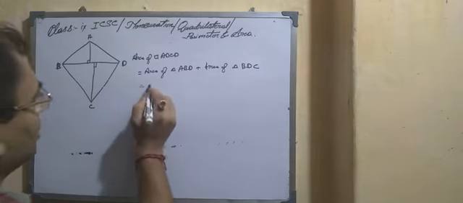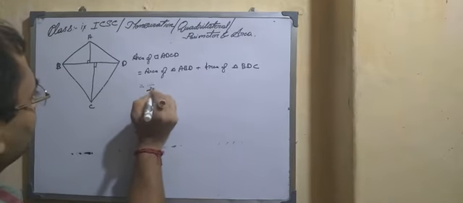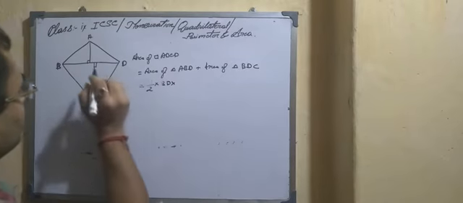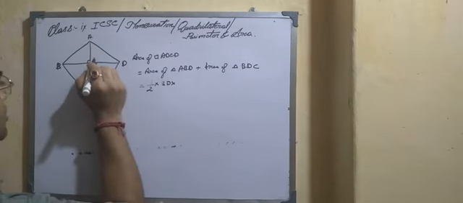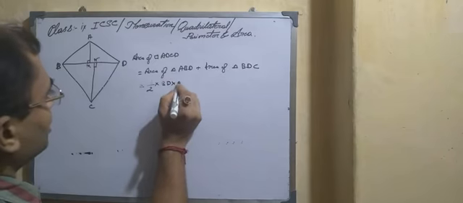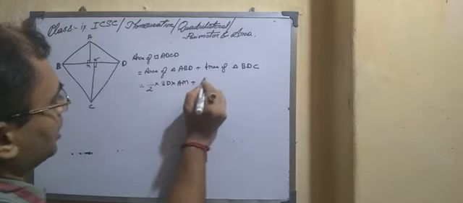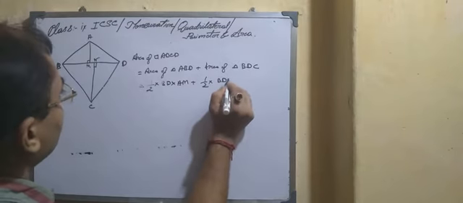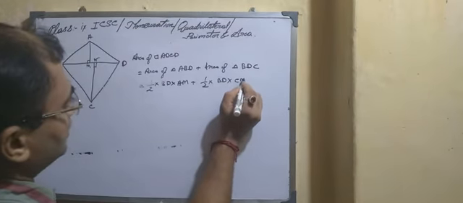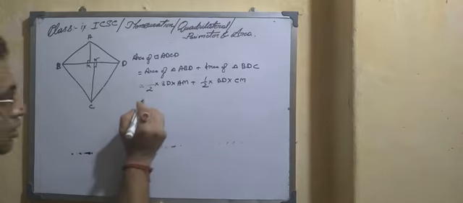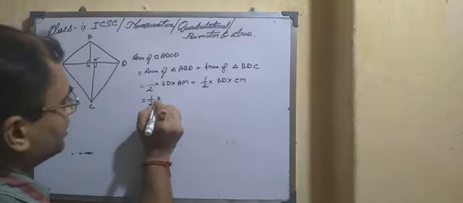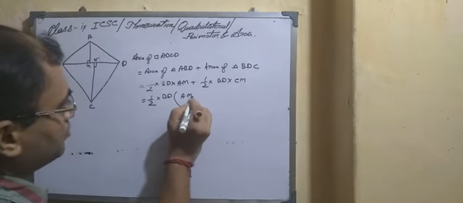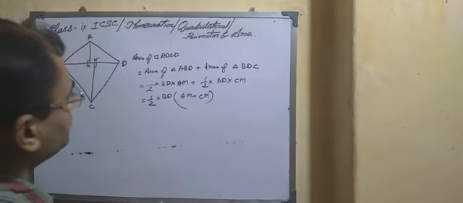Here half into base BD into height AM, plus half into BD into CM. We can take half into BD common, and we get AM plus CM.